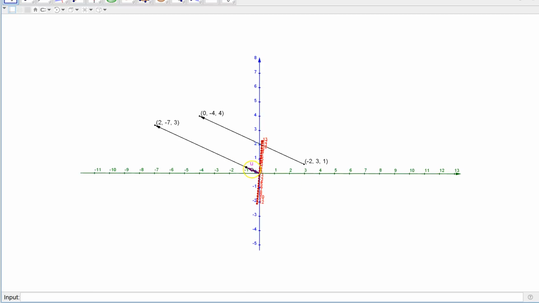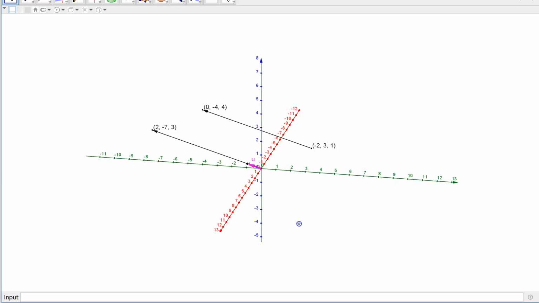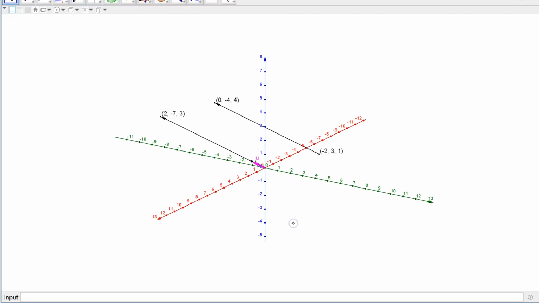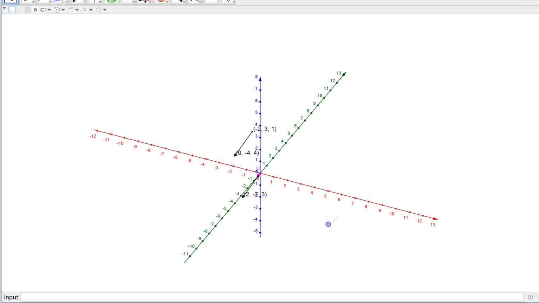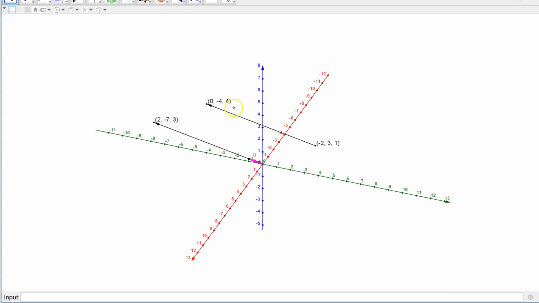So if you were to rotate that down along, say, the green axis here, that'd be a length of 1. I just had the software plot all of those, so you can get an idea of what we did. We took this given directed line segment, moved it to have an initial point at 0, 0, 0, and then created this unit vector u that's in the same direction as our vector v.